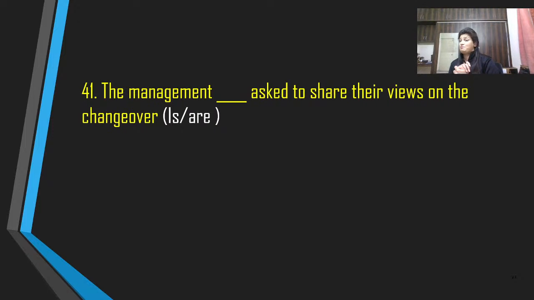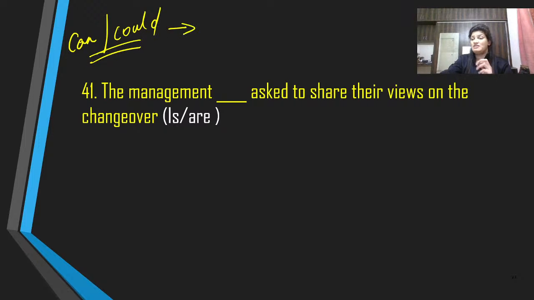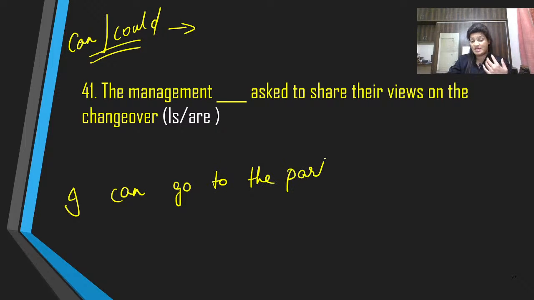Can speaks about the ability. When you say can, it speaks about the ability. Can or could, they both speak about the ability. When you say will, it speaks about the willpower. Supposing I say, I can go to the party, I can very well go to the party, but I will not.